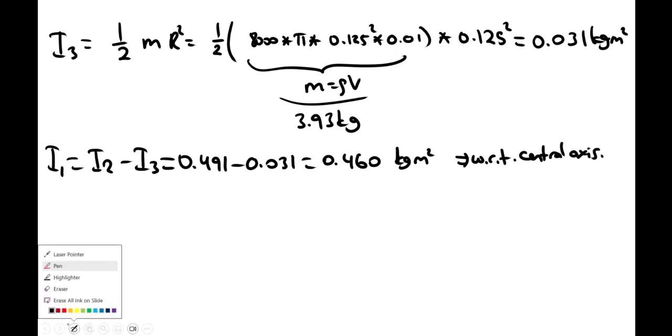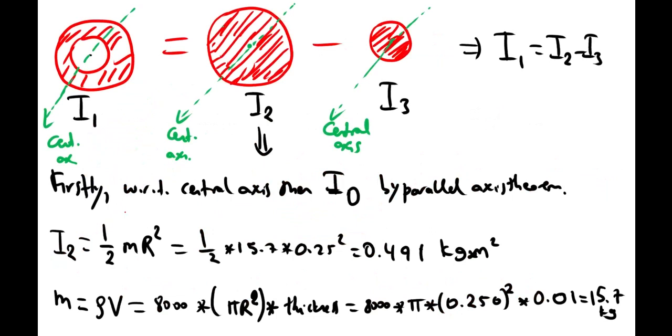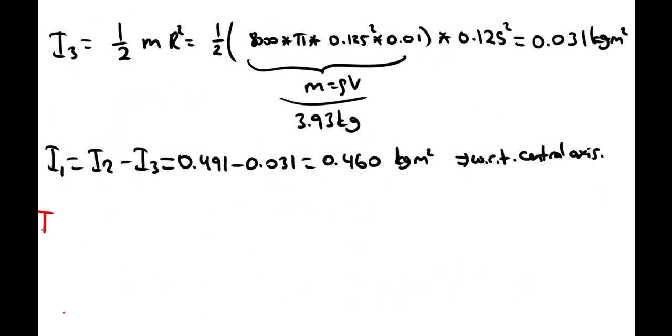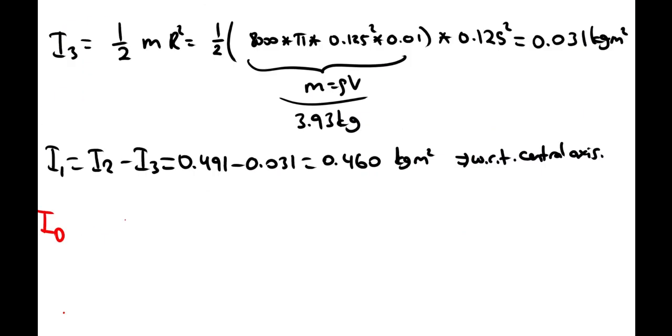But the question says to find it with respect to the axis passing through point O. So we will use IO. The parallel axis theorem says that if you move a little distance off the axis that you want, you can use this equation. So I passing through point O will be I1 plus mass times distance squared.